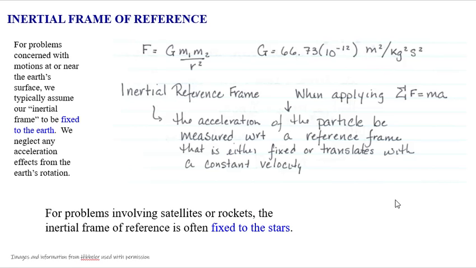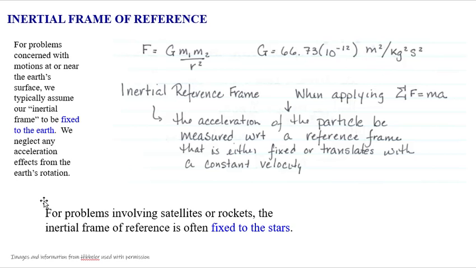I don't have to account for the rotation of the Earth, because we're fixed, or we're translating with that constant rotation of the Earth velocity. So for problems concerned with motions at or near the Earth's surface, we are fixed to the Earth, and we don't have to account for the effect of the Earth's rotation.